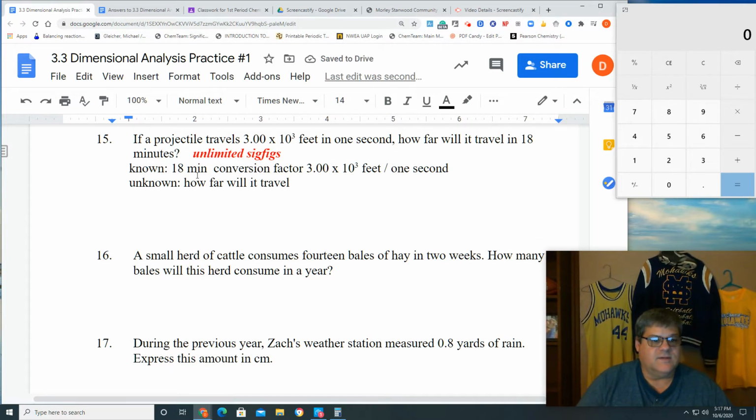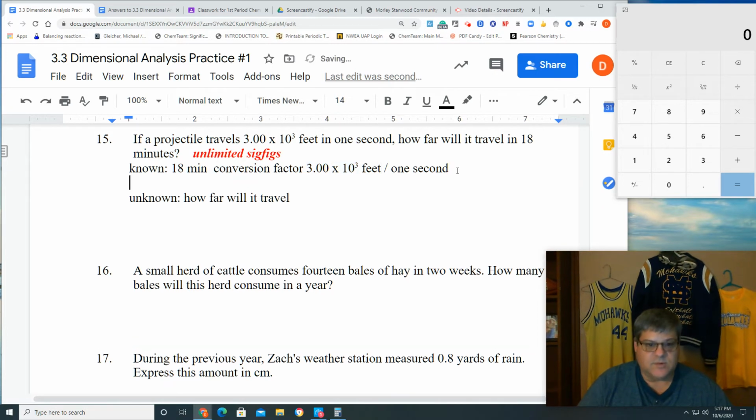So we're going to start off with our 18 minutes. But one thing I want to do right away is take this and move it out of scientific notation. So how do I move that out of scientific notation? We're going to move the decimal over.